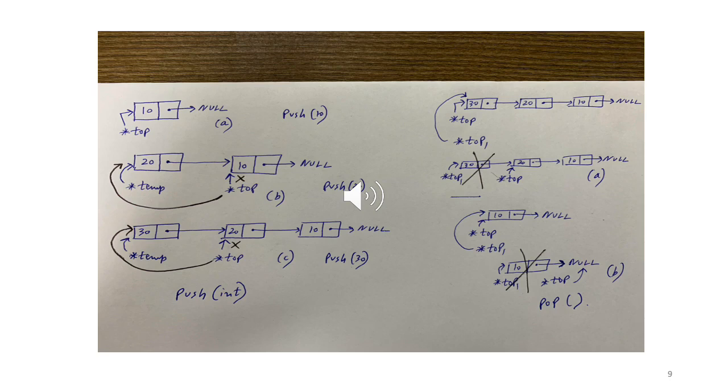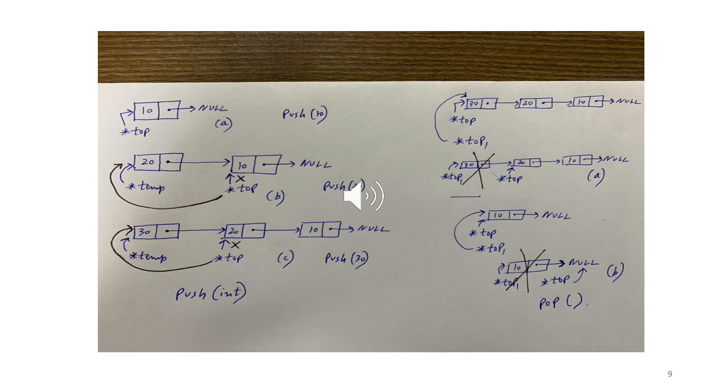Once again, as before, we reserve memory capable of storing a node using malloc, return a pointer to it and then assign it to temp. Temp is a global pointer of data type struct node star. So temp will point to the beginning of the block which is meant to contain this new node.